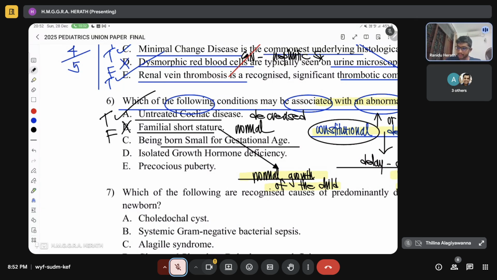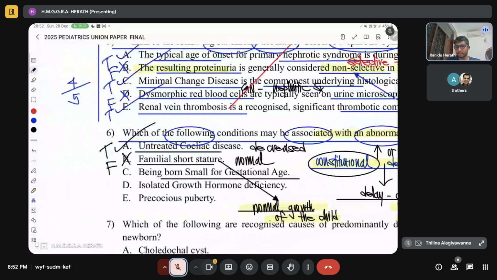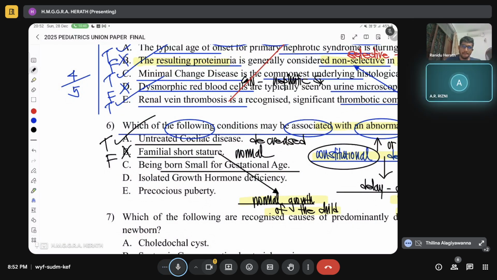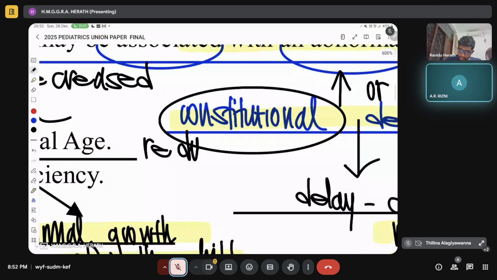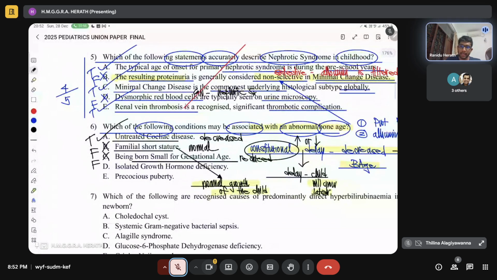Being born small for gestational age. Abnormal bone age or normal bone age? Abnormal, I think it's reduced bone age. Because small for gestational age means that the child has had delayed growth inside the uterus.